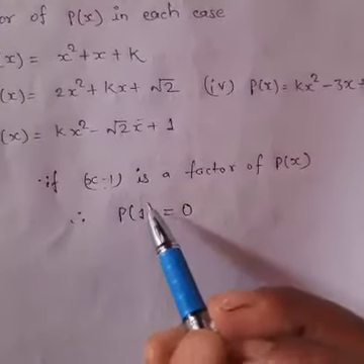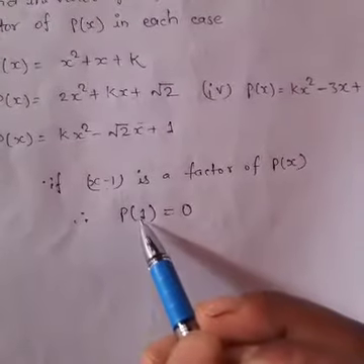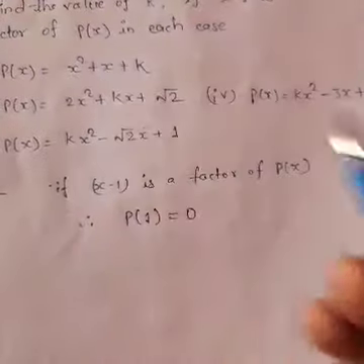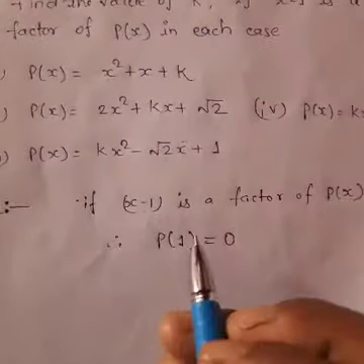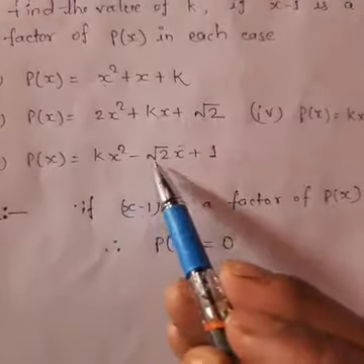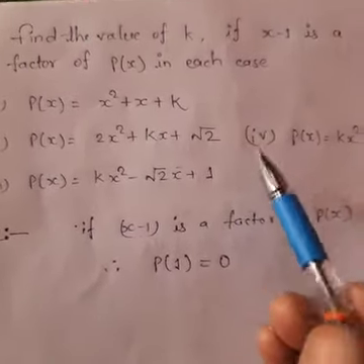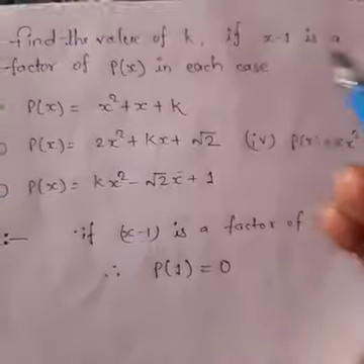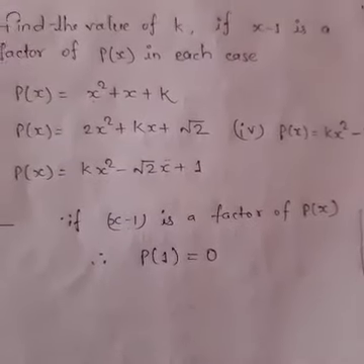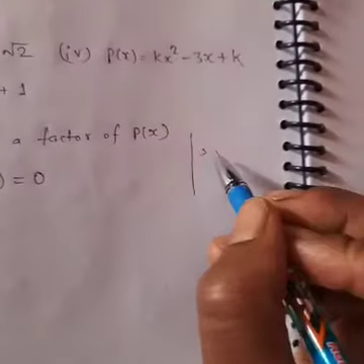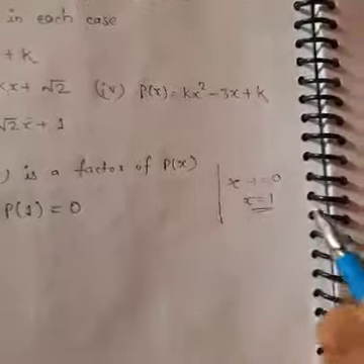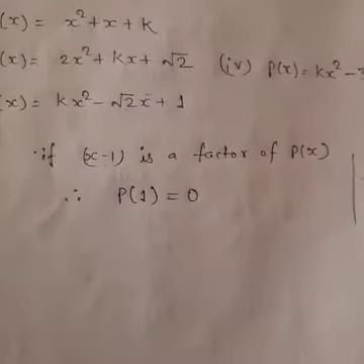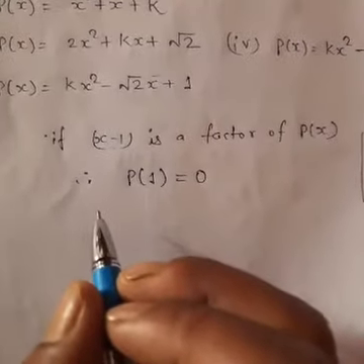So if we place the value of x as 1, the value of the polynomial should be equal to 0. So in each case we will put x equals 1. Why? Because x minus 1 is a factor of the given polynomials. So in place of x we will put 1.